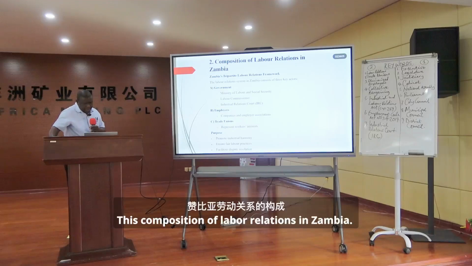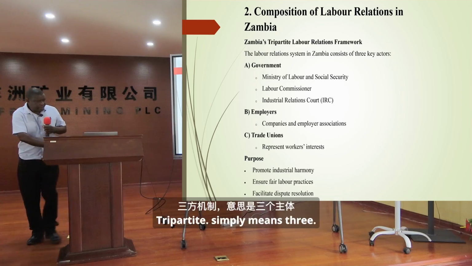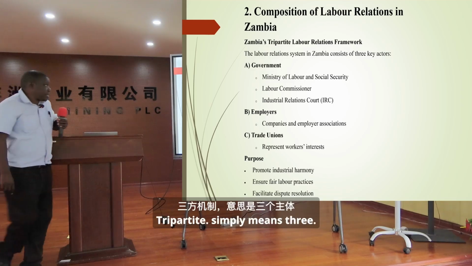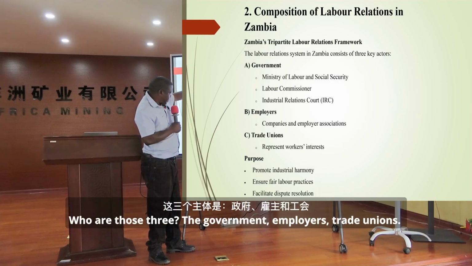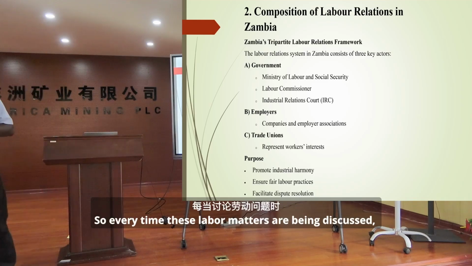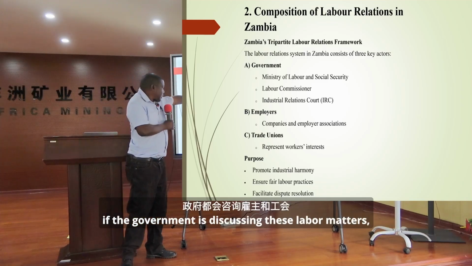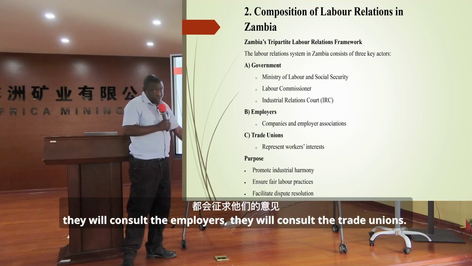The composition of labor relations in Zambia. Zambia has what is called the tripartite. Tripartite simply means three. Who are those three? The government, employers, and trade unions. Every time labor matters are being discussed, the government will consult the employers and the trade unions.